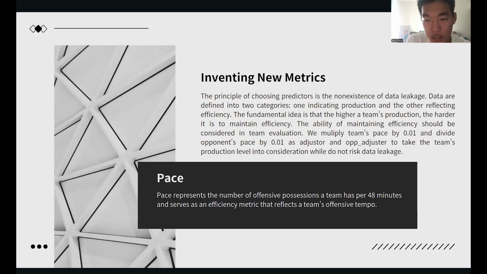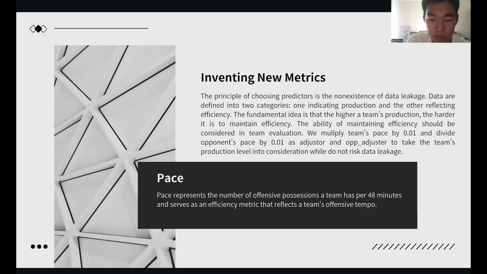The ability of maintaining efficiency should be considered in team evaluation. We multiply the team's pace by 0.01 and divide the opponent's pace by 0.01 as adjuster and opponent's adjuster to take the team's production level into consideration, while not risking data leakage because there are still efficiency data.